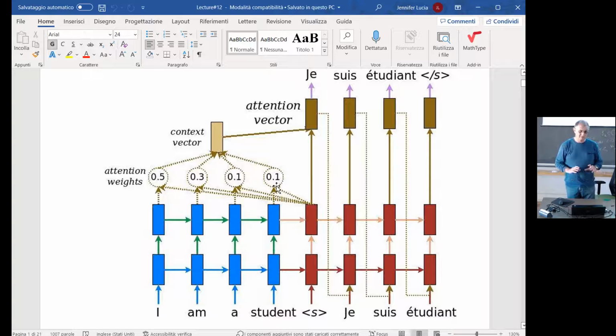So we should pay attention to the so-called token, the token "I." We represent the words as tokens. A token is a word or a sensible part of a word.